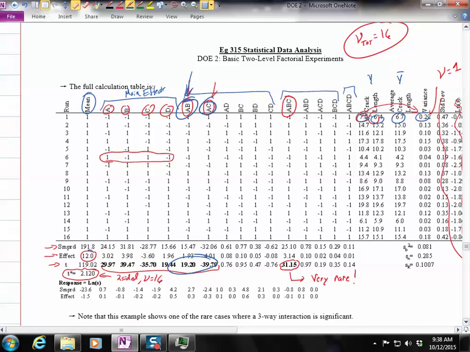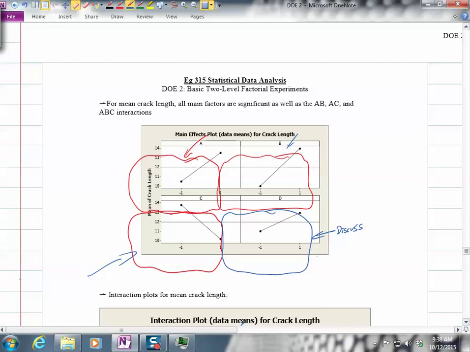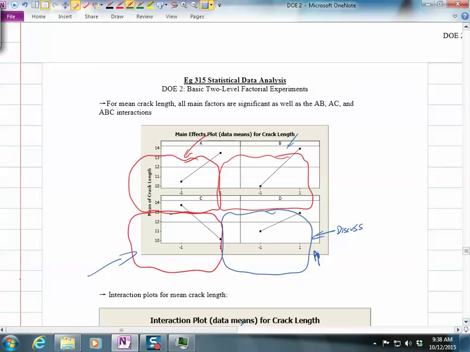So D does not show up in a significant interaction. So the main effect of D is not misleading. So this is a good way to discuss D. Is everyone clear on that? Okay.